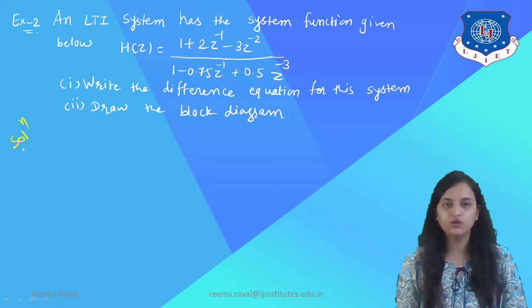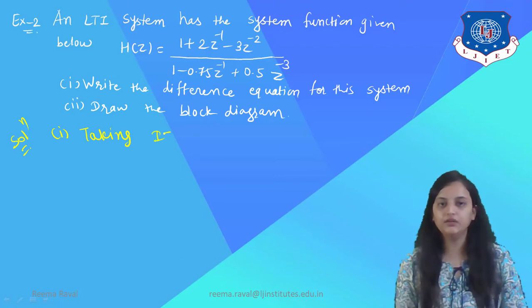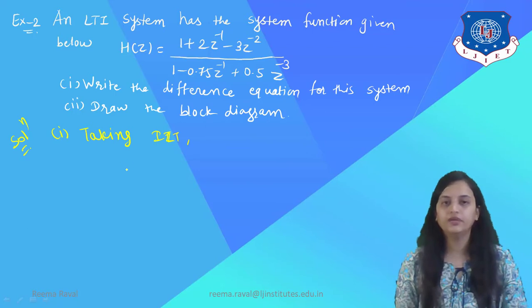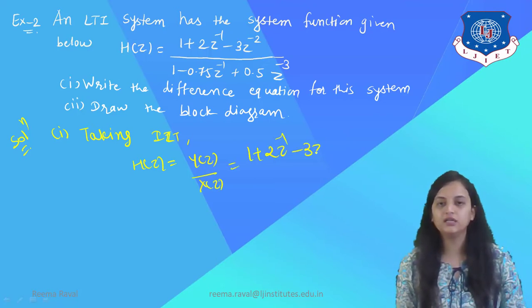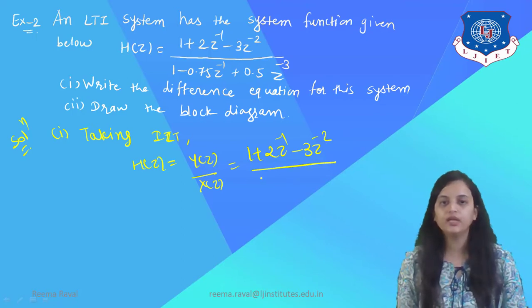So taking inverse z transform of the given equation, we can say that h of z over here, which is given as y of z by x of z, is 1 plus 2z inverse minus 3z raised to minus 2 divided by 1 minus 0.75 z inverse plus 0.5 z raised to minus 3.